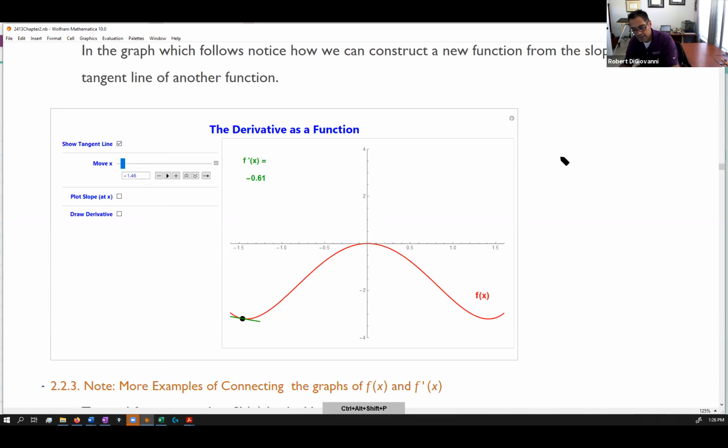So what's happening is we are plugging negative 1.46 into the derivative, and it is spitting out negative 0.61. So this is the x, and this is the derivative. Understand? Plug in negative 1.46, come down here, measure the slope of that tangent line. It's negative 0.61.